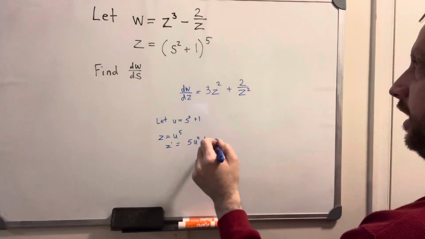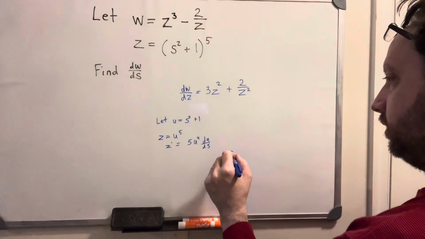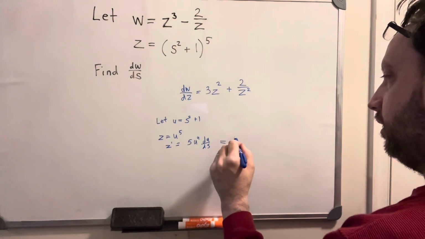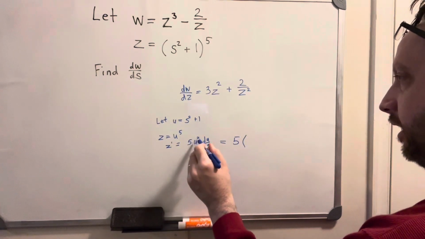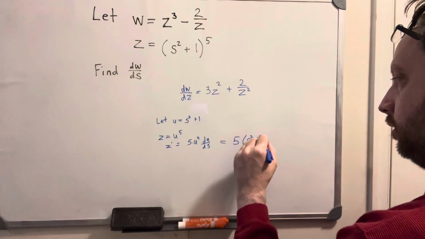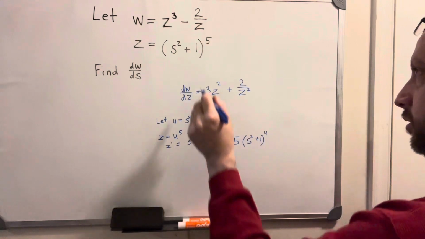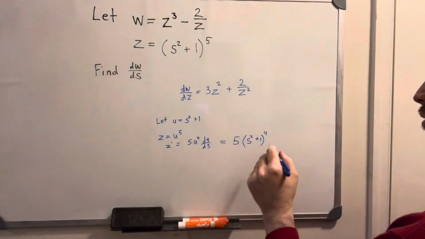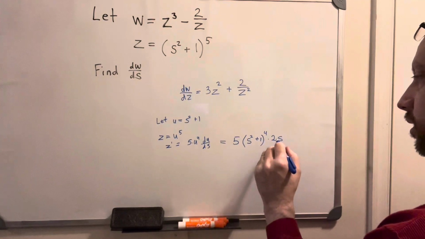Now we just have to worry about s squared plus 1. What's the derivative of that? It would just be 2s, right? So this would be 5 times, now let's put the value of u as s squared plus 1 to the 4th, times the derivative of s squared plus 1, which is 2s.